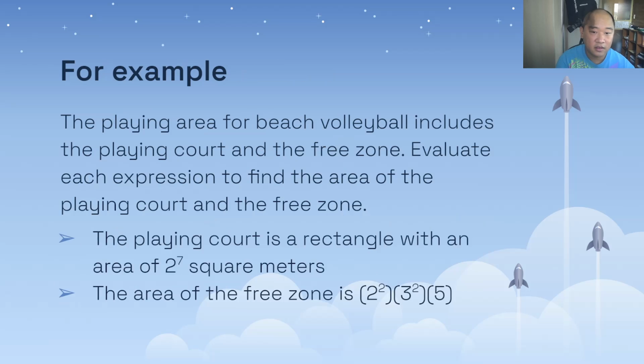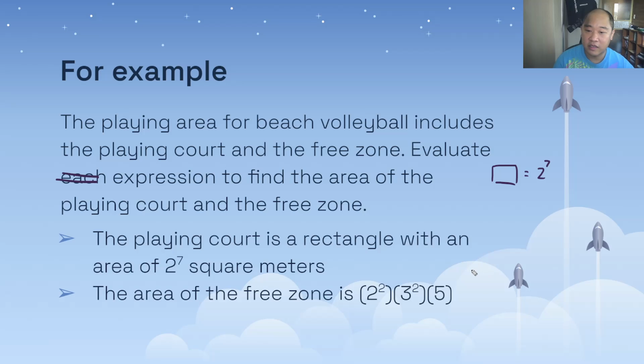Okay. For example, let's say the playing area for beach volleyball includes the playing court and the free zone. Evaluate the expression to find the area of the playing court and the free zone. So the playing court is a rectangle, right, with the area of 2 to the 7th.